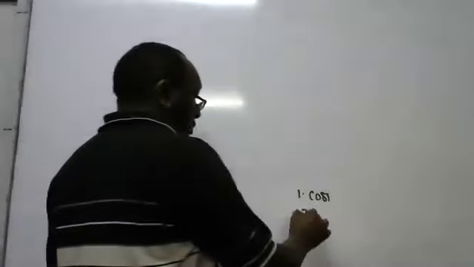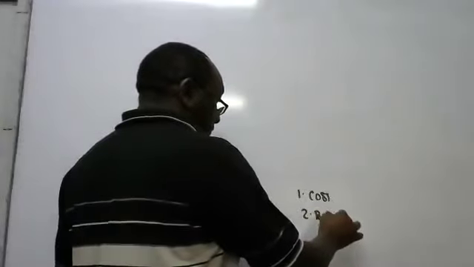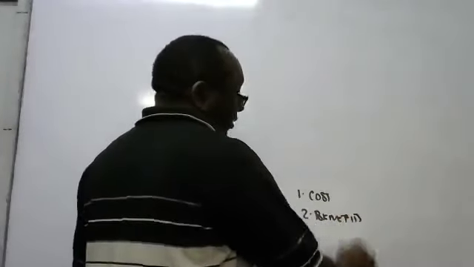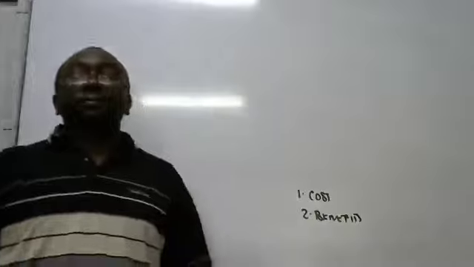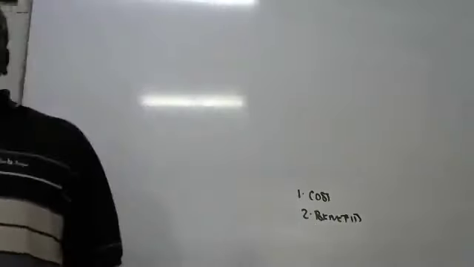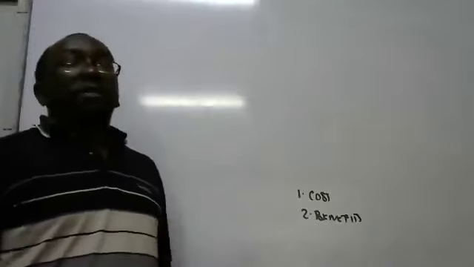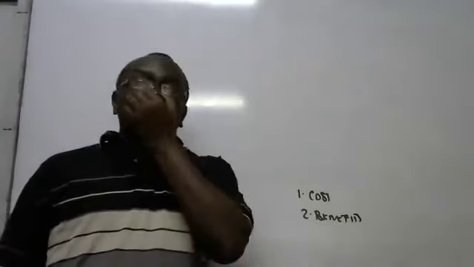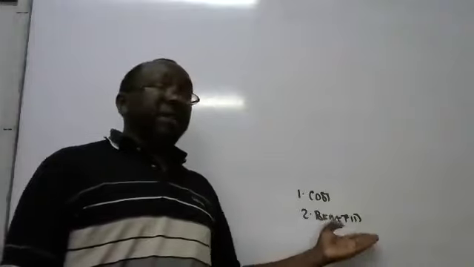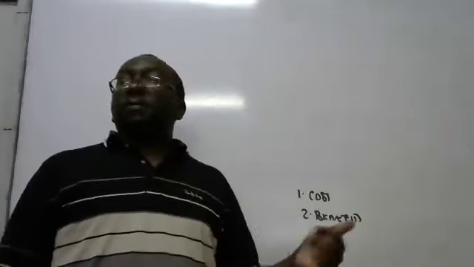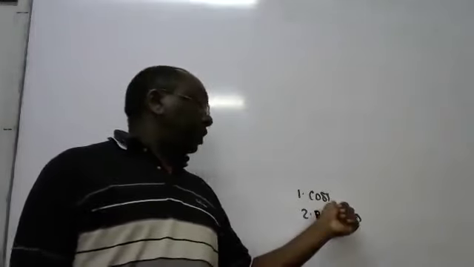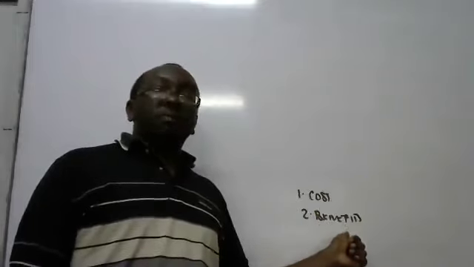Number 2, the benefits to be realized. These are very, very important considerations, not only in investigation of variances, even in general life. As you make any decision, it is very important to consider costs and benefits.